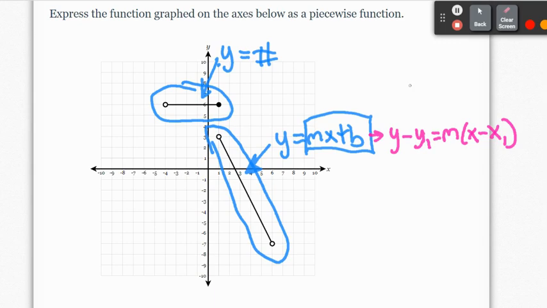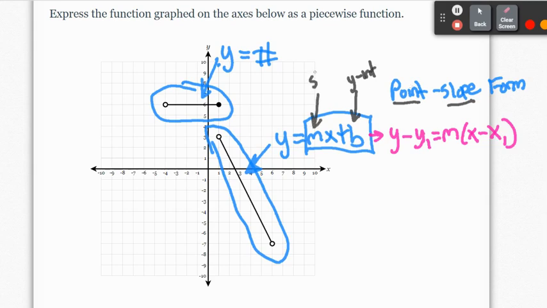That is called the point slope form of a line. The point slope form is useful when you just have a point and a slope. This slope-intercept form is valuable when you have the y-intercept readily available. That's the y-intercept, and this would be slope.